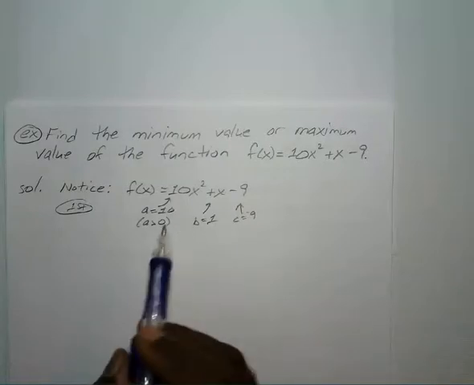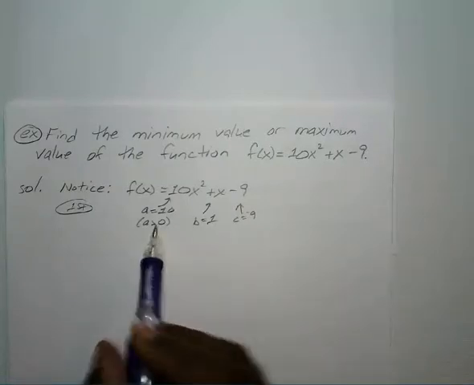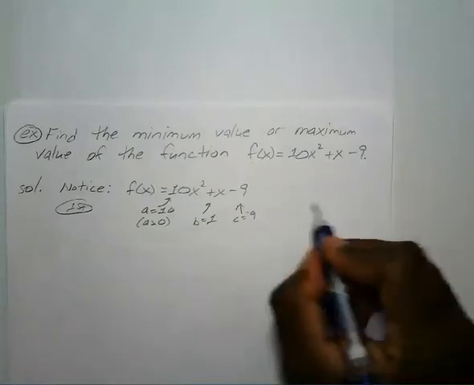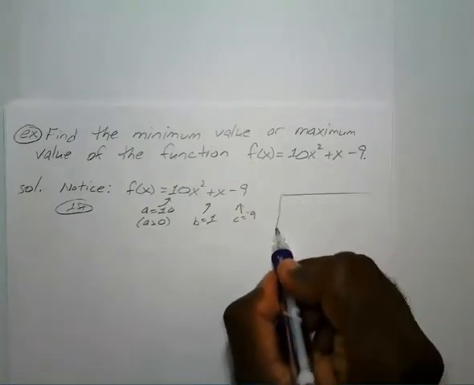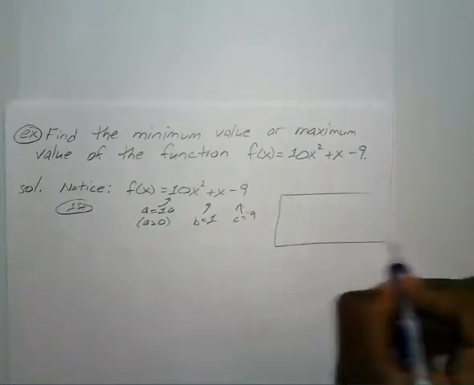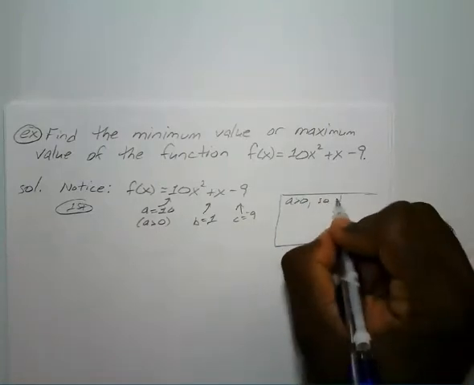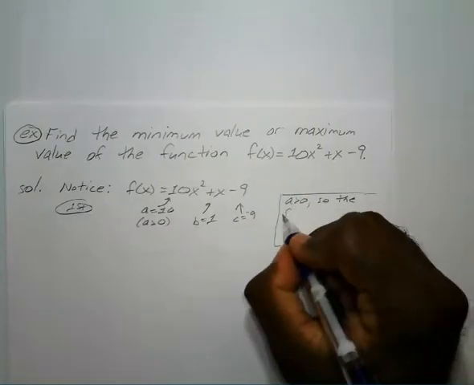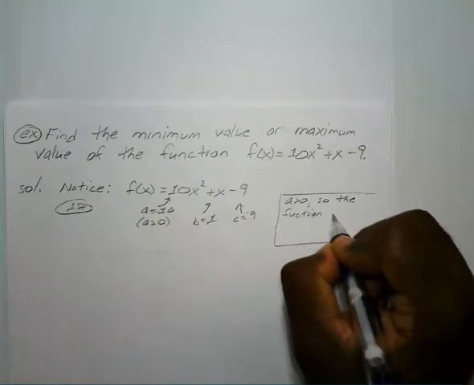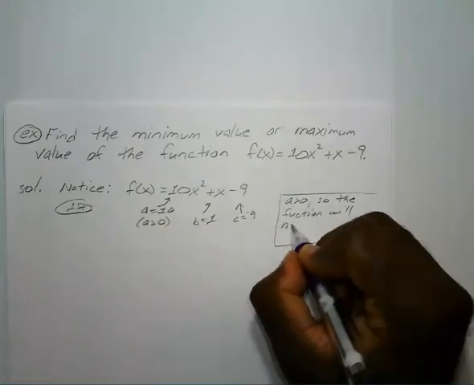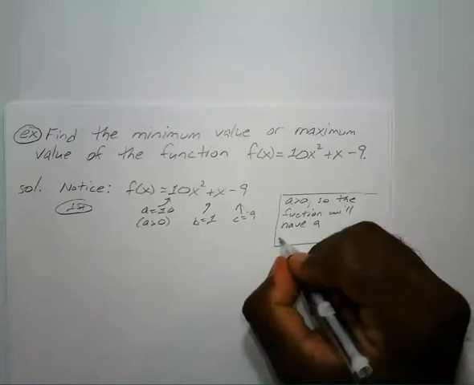Okay, so just because your a is greater than 0, we know it's going to have a minimum value. a is greater than 0, so the function will have a minimum value.